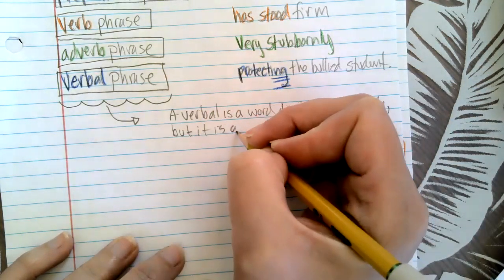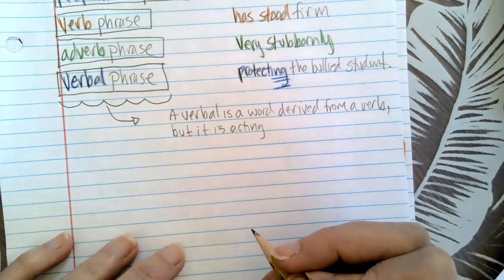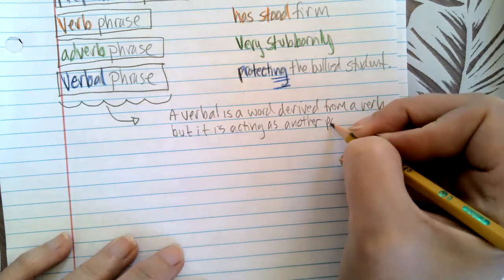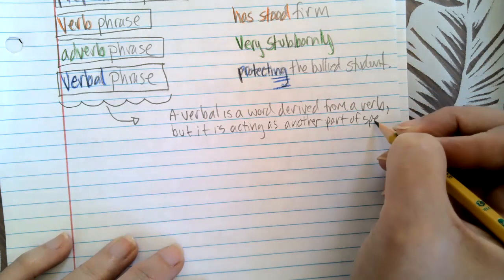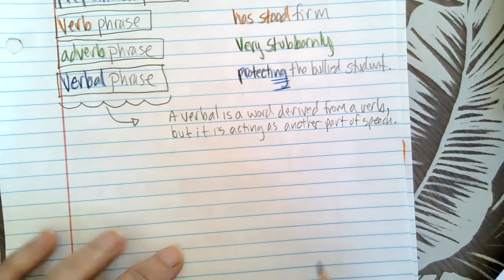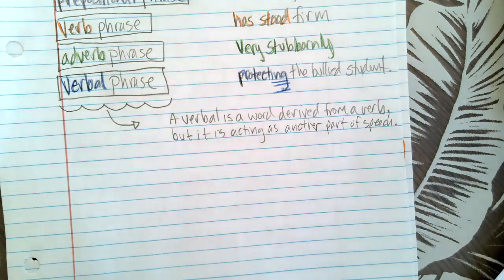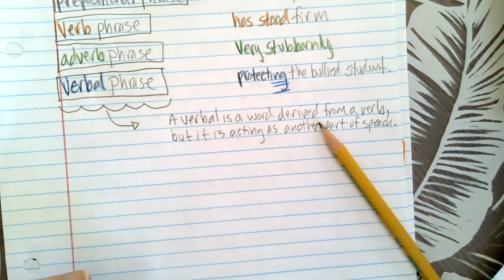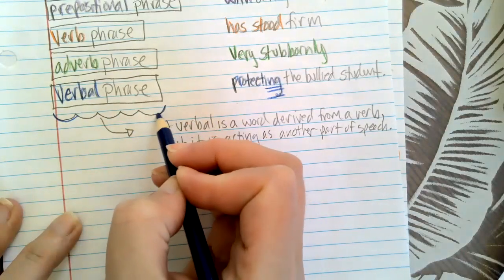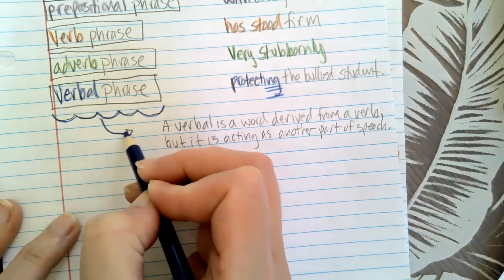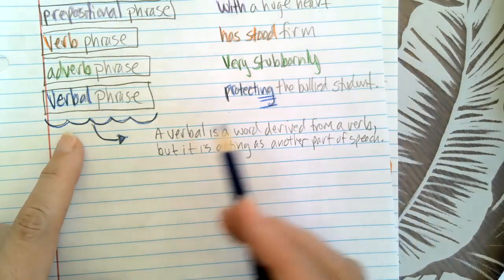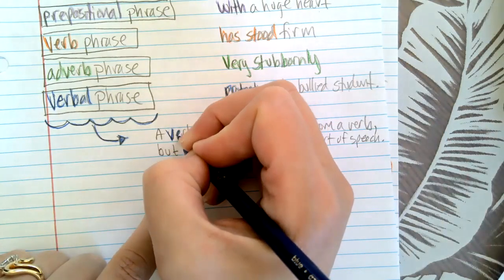So a verbal is a word derived from a verb, but it is acting as another part of speech. The part of speech that it is acting as is absolutely dependent upon what it's doing. Now we're going to go over our little loopy thing in heavy blue, to make sure that we understand that what we're discussing here is all related to this.